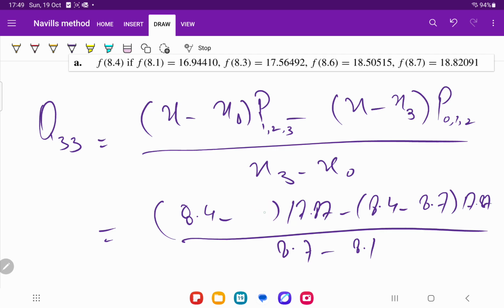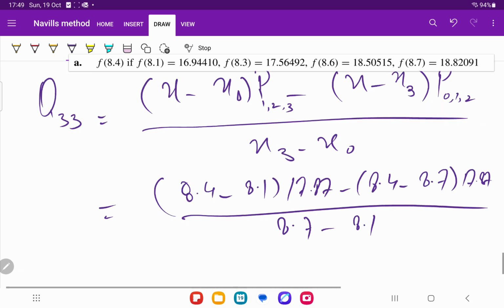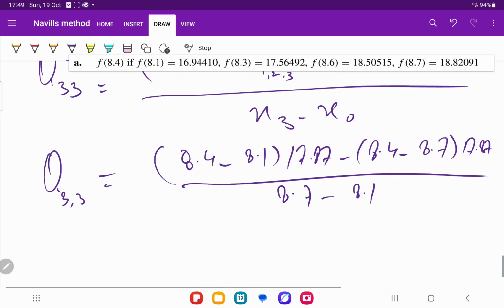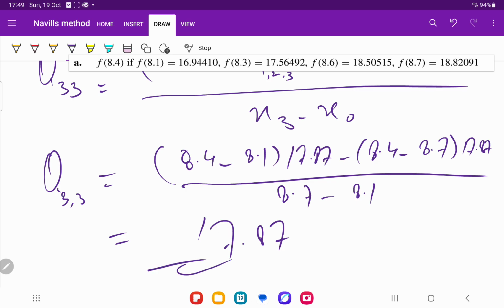So just calculate, and I think you will get the same thing. Q33. So what are you getting? Same. 17.87.